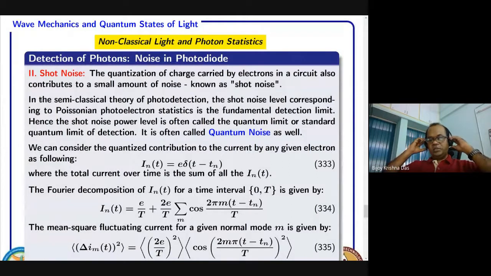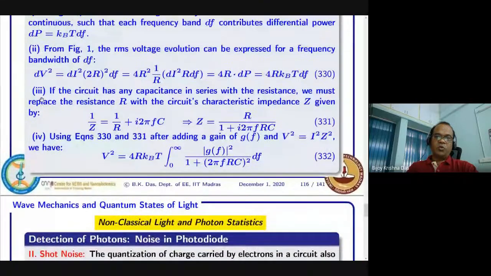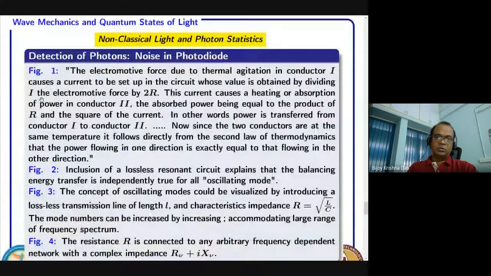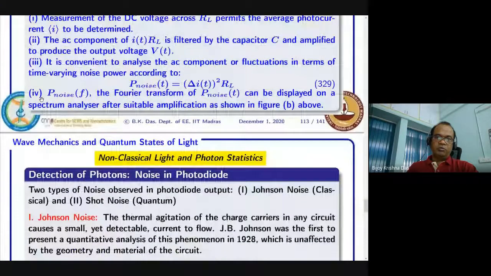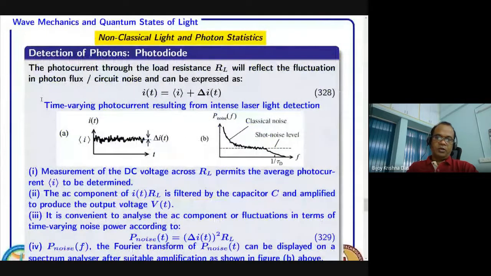So we discussed in the previous class about our shot noise. Sorry, what is that? Johnson noise, right? So if we just scroll back a couple of slides earlier, we wanted to analyze this noise in the photodetector and what sort of noise is there.